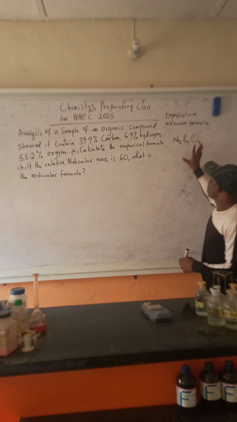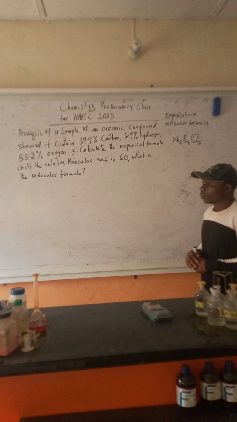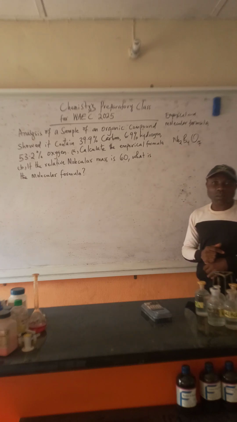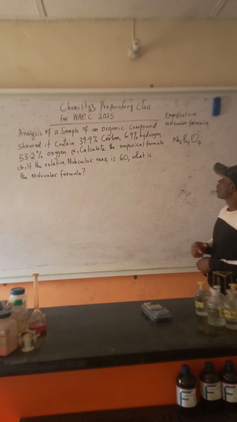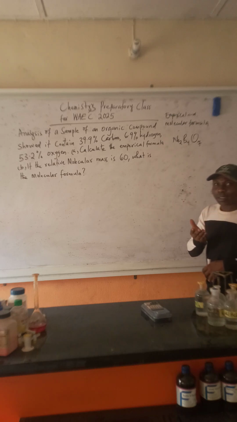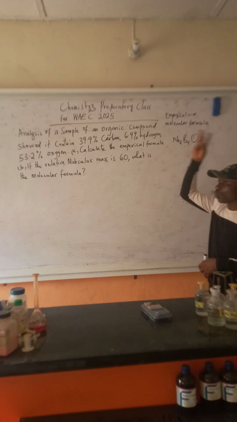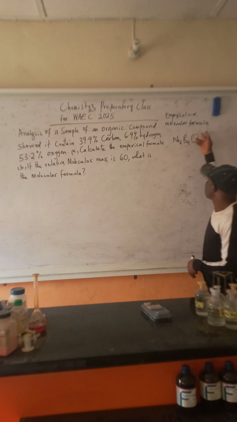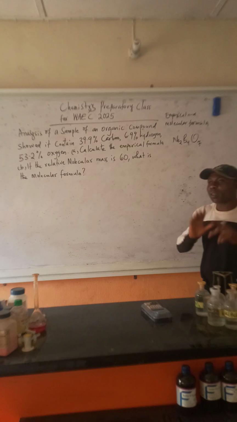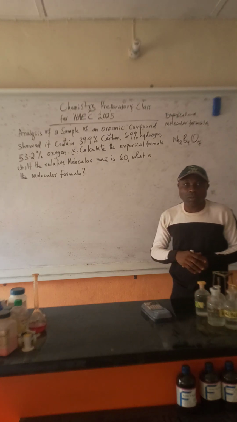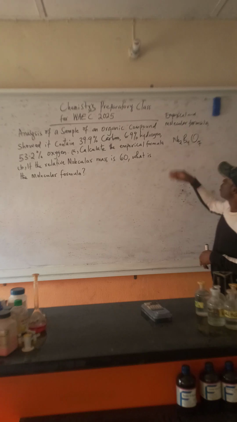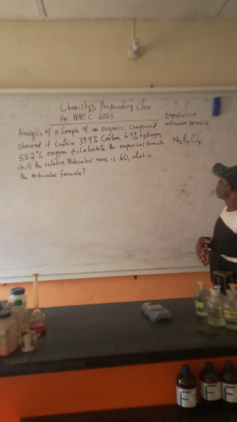Now, in this compound, let me ask you a question. How many elements are present in this compound? 3 elements, right? Which means we have sodium as one element, then boron as one element, and oxygen. But how many atoms are present? 13.